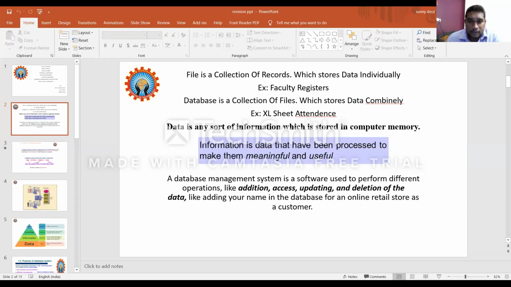In this attendance we maintain each and every attendance of each and every subject. For example, this is DBMS, this is another one. So the 6 individual files are combined and integrated into one database called an Excel sheet. I hope you understand the difference between file and database.